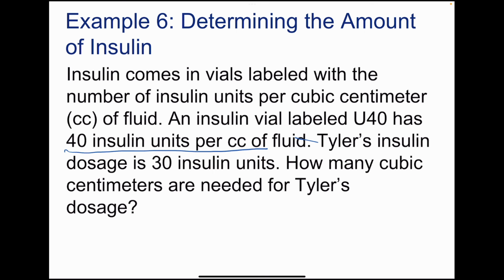How many cubic centimeters are needed for Tyler's dosage? Okay, so all we need is to set up the equality of two ratios because the insulin vials have to be made by the same proportion.